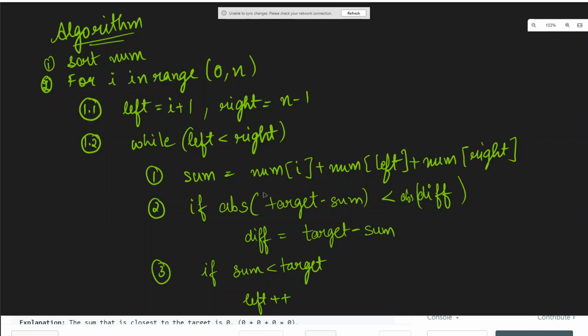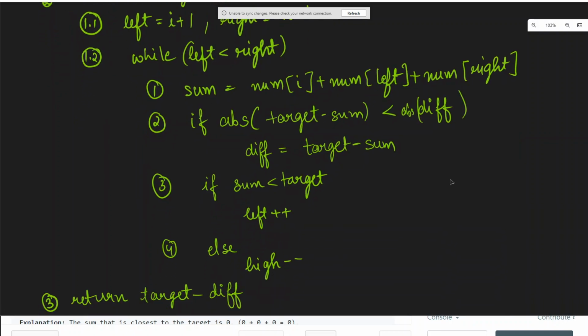So it will start from nums of i, whatever i is. Then we check the absolute value of target minus sum, basically the difference between this particular sum and the target.